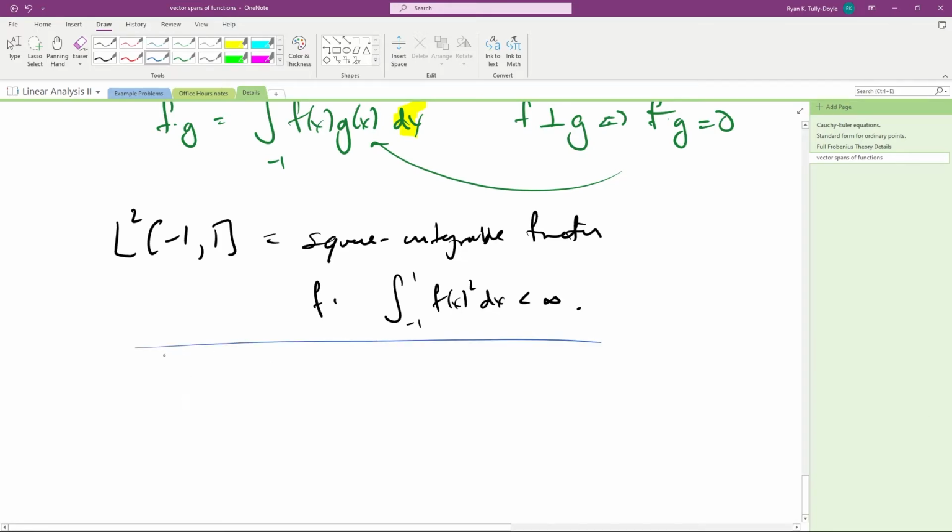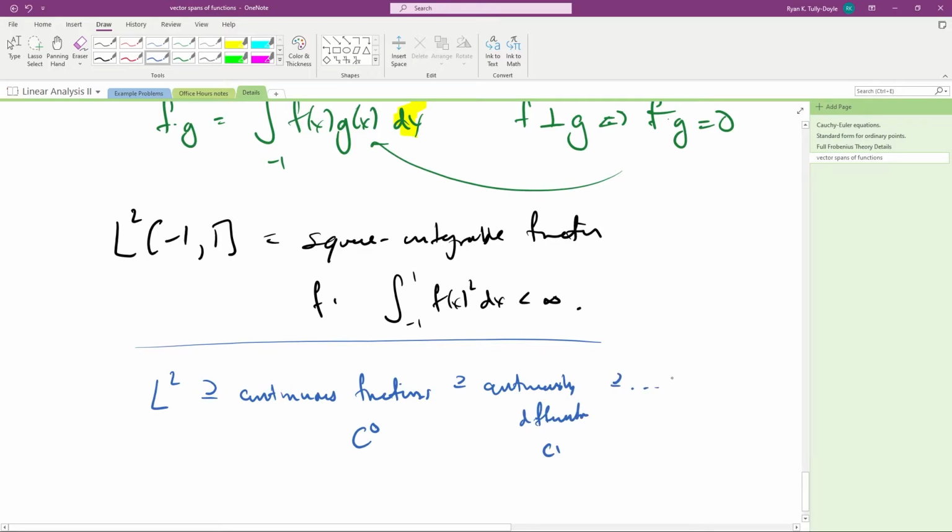So L2 has inside of it the continuous functions, sometimes called C0. And it has inside of it the continuously differentiable functions. And so on down the chain.